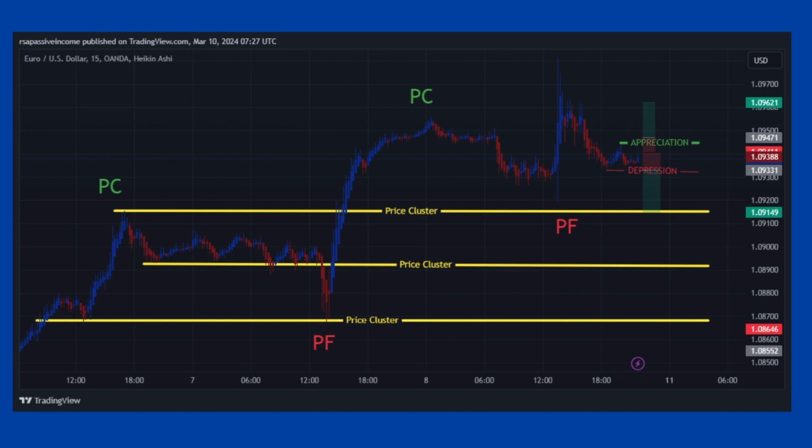So the next thing is to look for the price clutter of this price, right? So if I go to the history of the chart, there's a lot of price clutter.